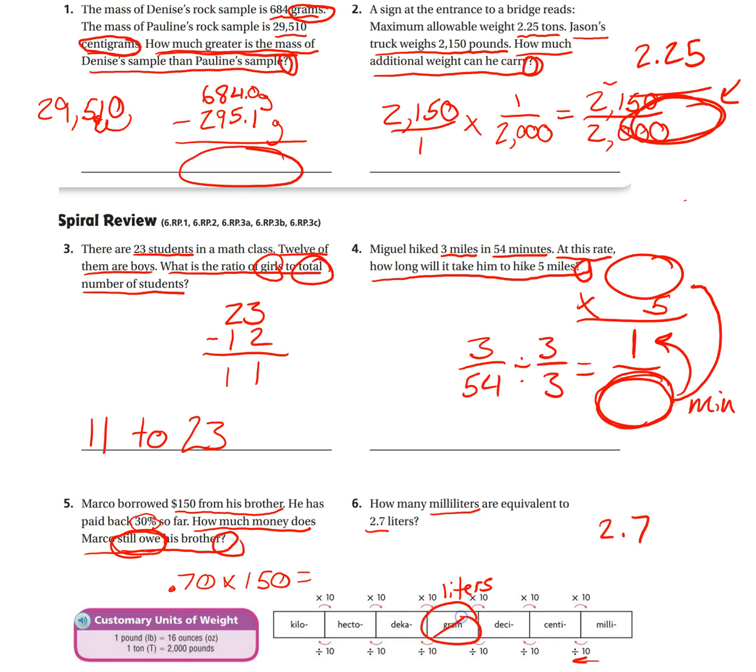I'm starting at liters and going to milliliters. So I'm moving to the right, 1, 2, 3. So I move my decimal to the right, 1, 2, 3. Add my zeros. So now I have 2,700 milliliters. All right, and that's it.